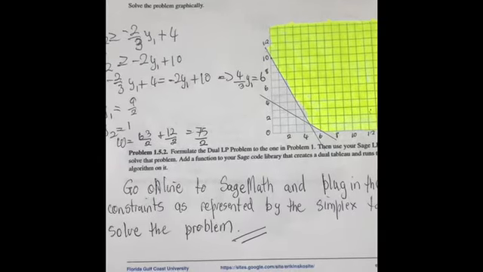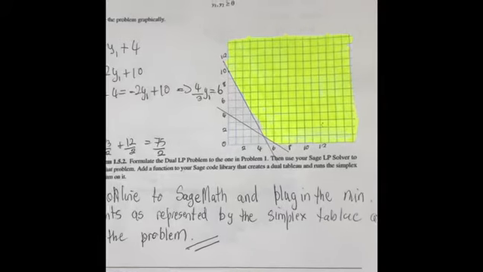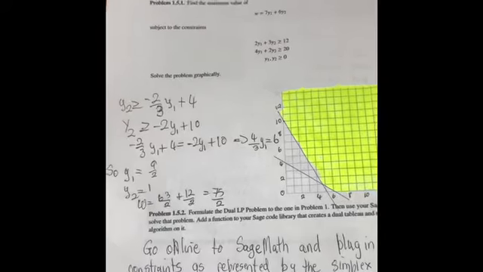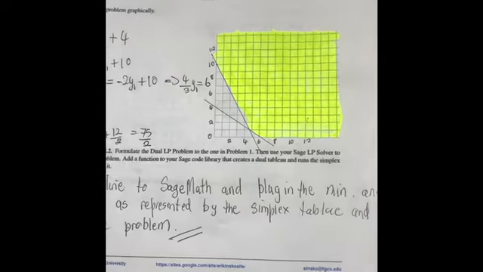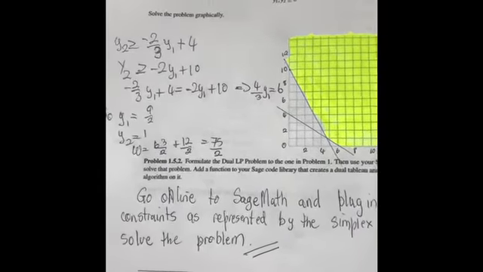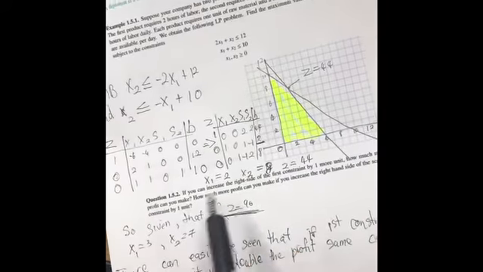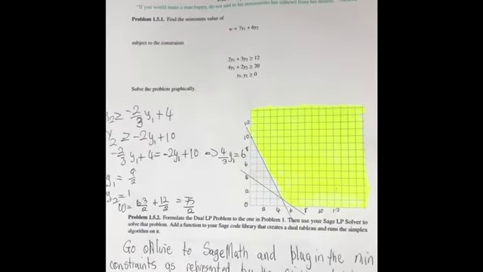This is something that you guys would have to do on your own, so I wrote out that you could go online to Sage Math and plug in the minimum or the maximum, but here we have minimum, and the constraints as represented in the simplex tableau that we did previously in similar questions below. As you do this, you'll be able to solve the problem.